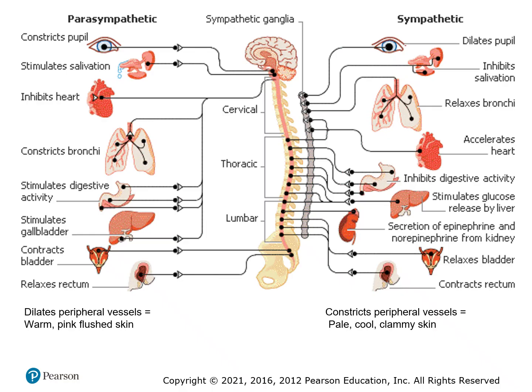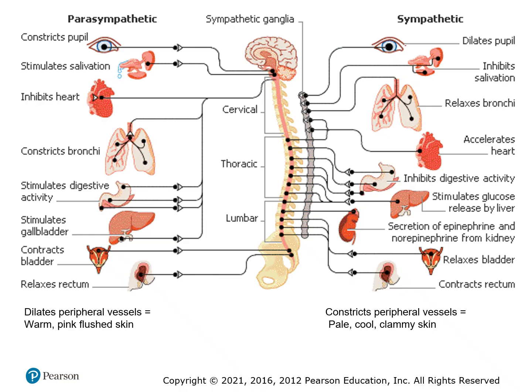I just realized that. It's going to constrict the bronchi. It's going to stimulate digestive activity, stimulate the gallbladder to release bile to break down whatever you eat in the stomach. The bladder is going to contract. The rectum relaxes.